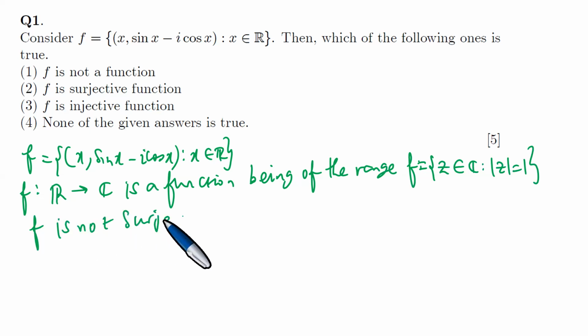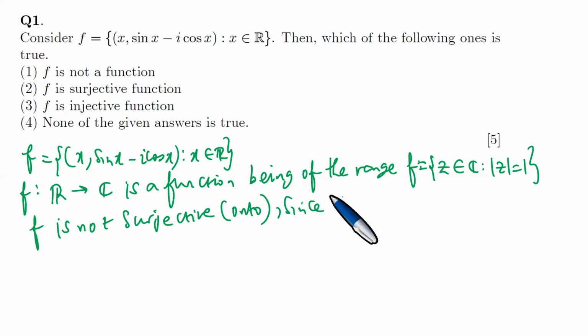Why? We'll discuss this. The word surjective means an onto function, and it's not an onto function since a couple of things are important. Like your 2 minus 3i together with your 3 minus 3i.